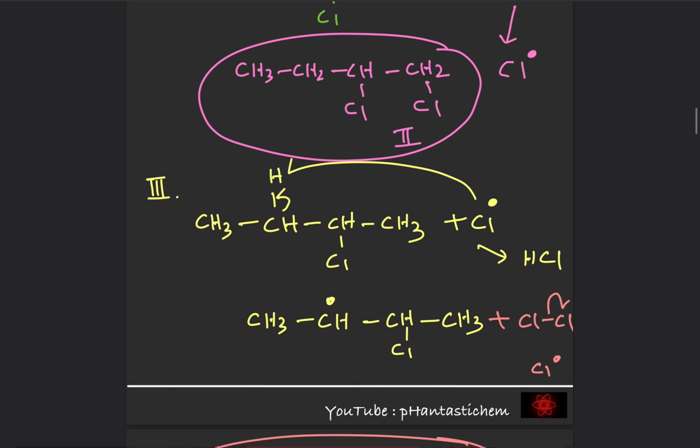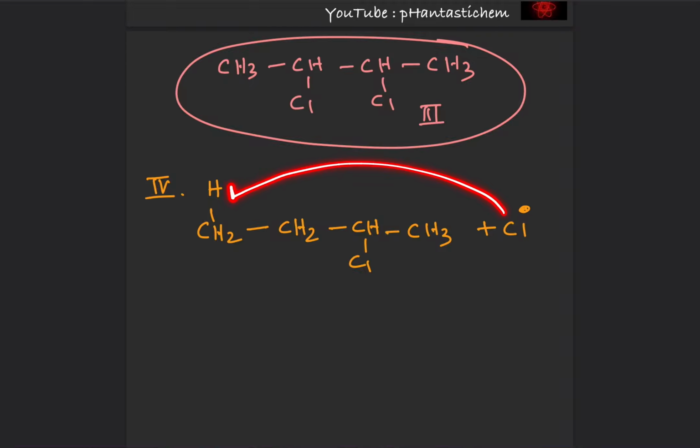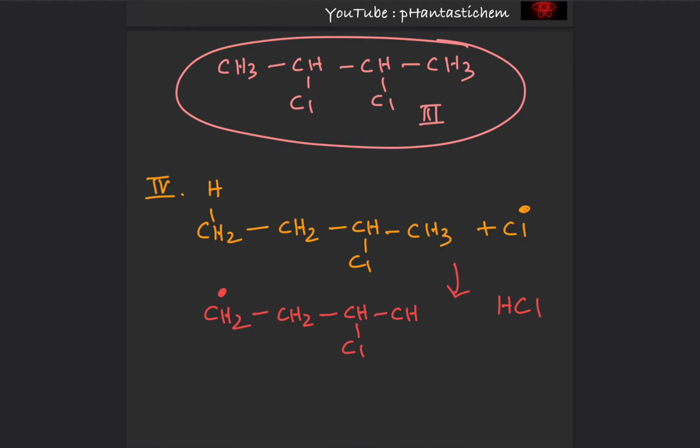Okay, so I will write it in this fashion, that is CH2H CH2 CHCl CH3 combining with a Cl radical. So obviously this will combine with this H to form HCl, and we will be left with this particular radical. So we will have HCl and CH2 radical CH2 CHCl CH3.